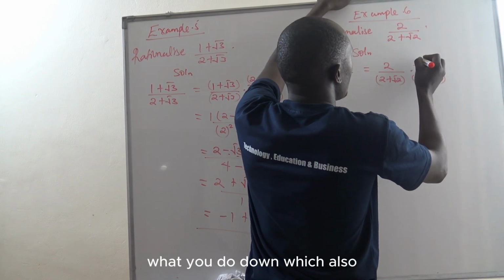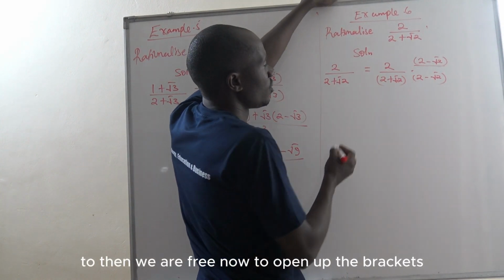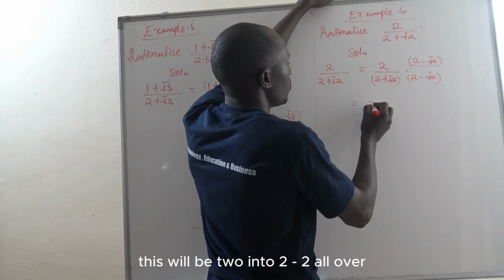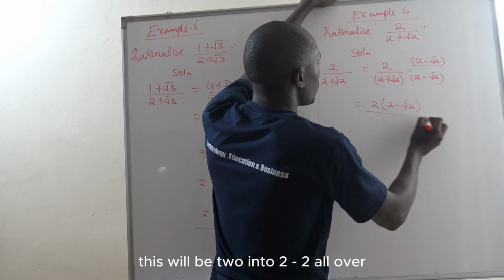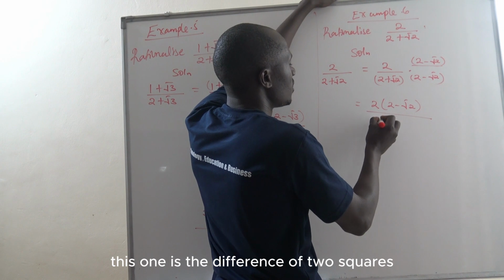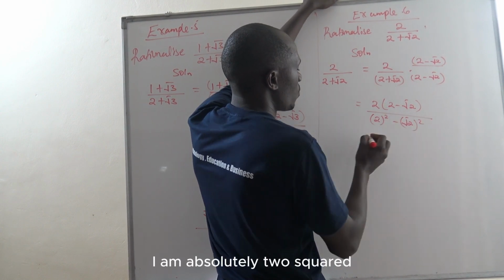What you do down, you also do up: 2 minus root 2. Then we are free now to open up the brackets. This will be 2 into 2 minus root 2 all over, this one is the difference of two squares, 2 squared minus root 2 squared.